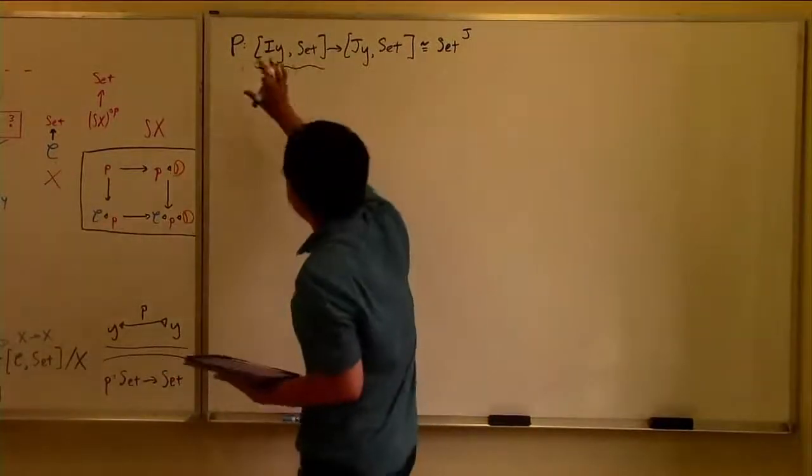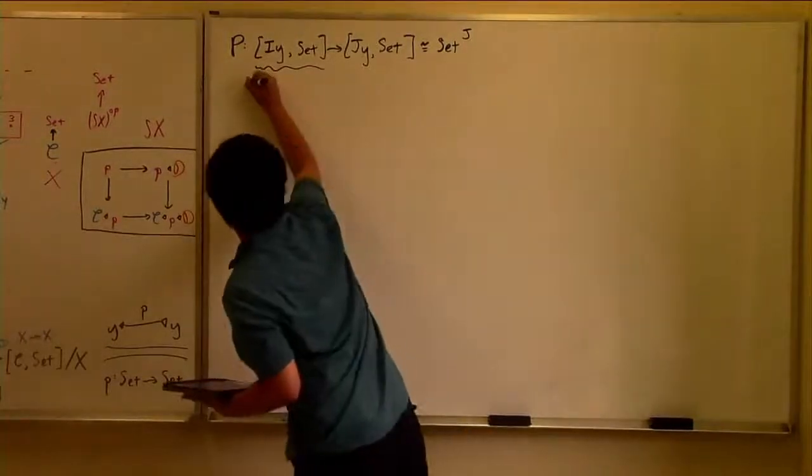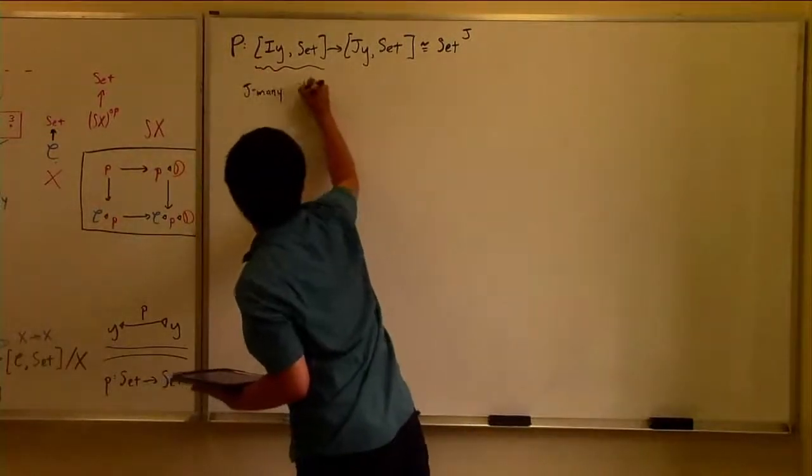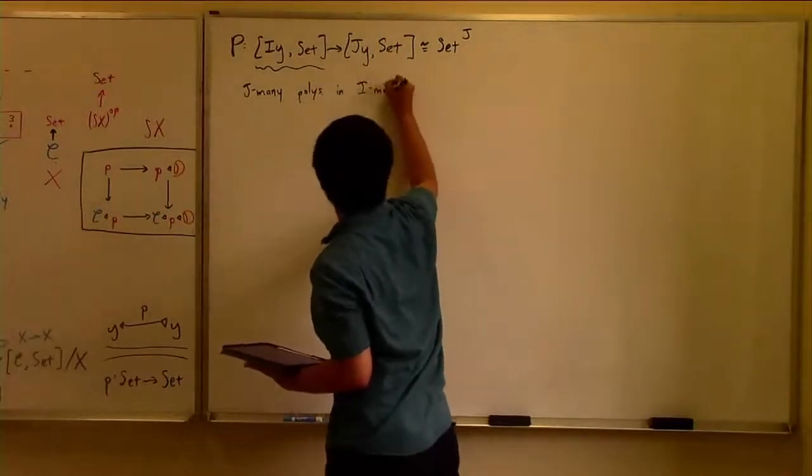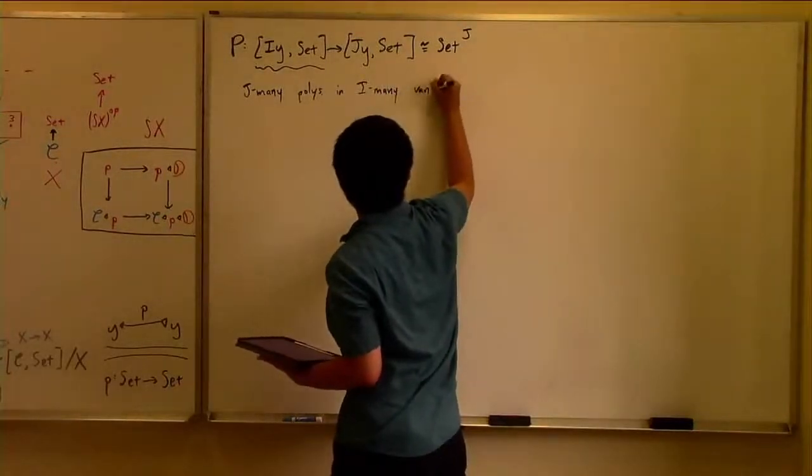So it's J many polynomials in I many variables.